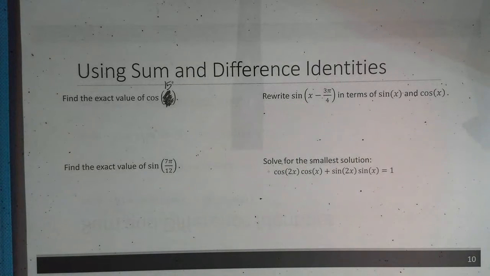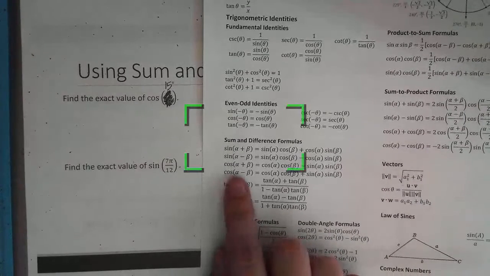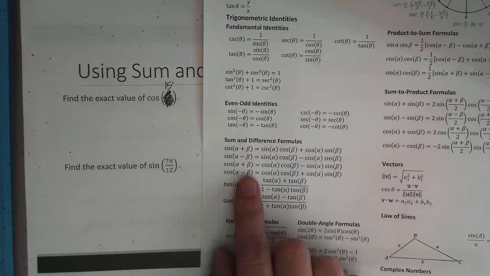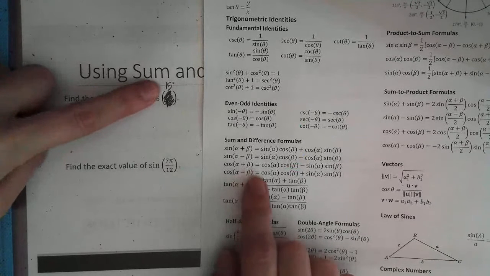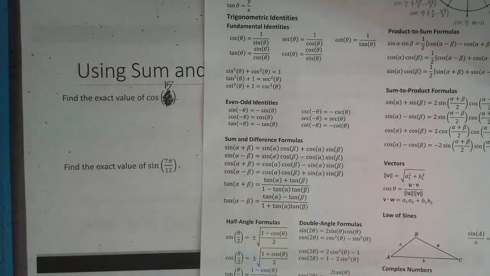Now, that whole idea of using the sum and difference formulas, that's going to come into play here. If I can find two angles, alpha and beta, that can either add to give me 15 degrees or subtract to give me 15 degrees, then I can use whichever corresponding formula to help me find what the cosine of 15 degrees is.